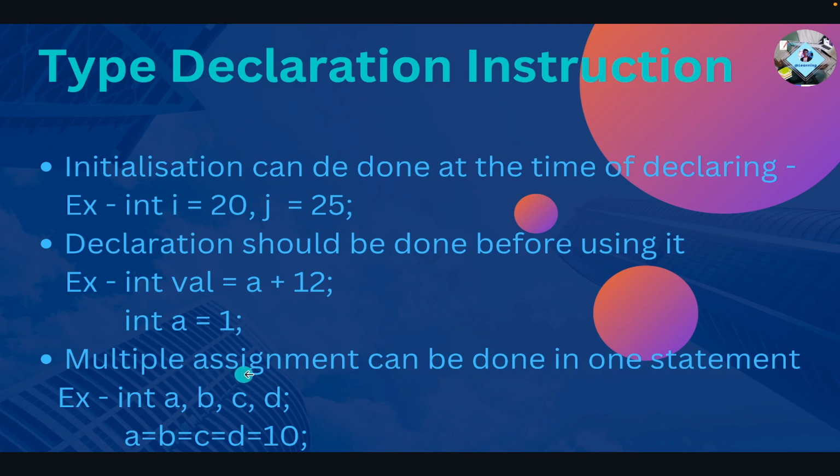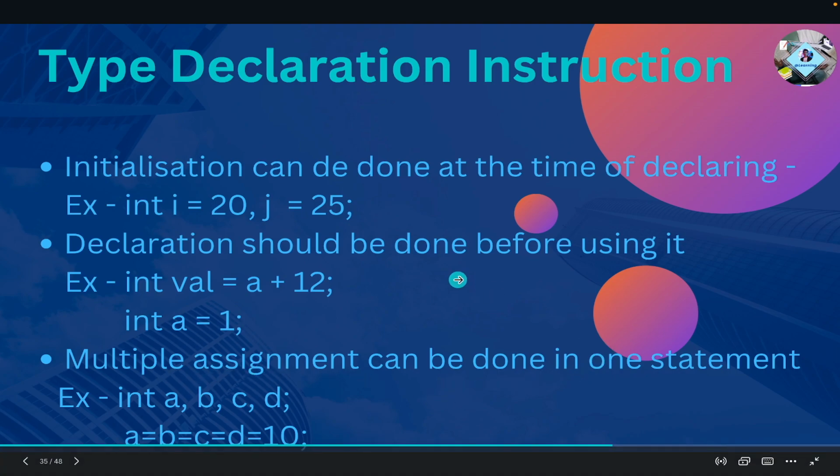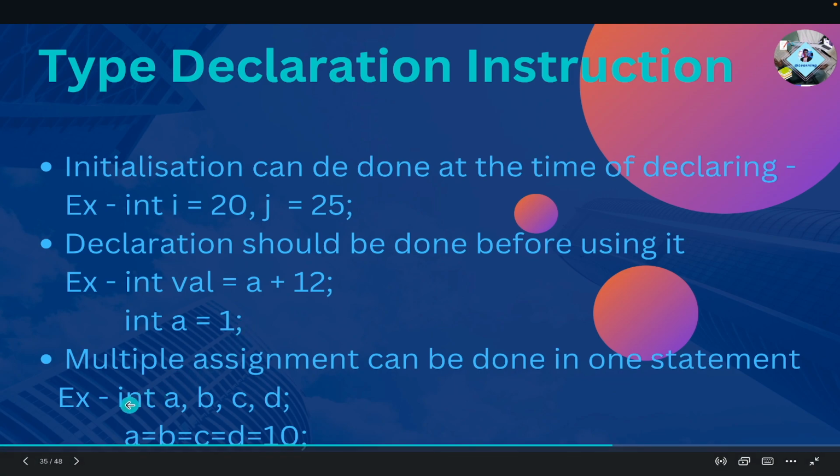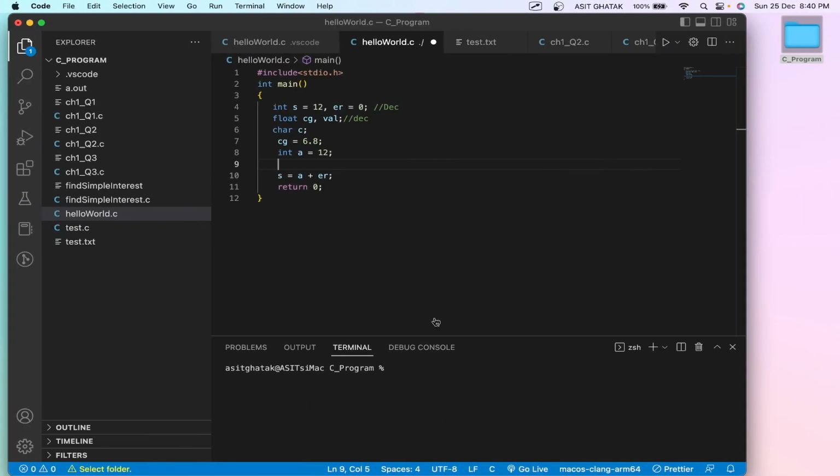And then multiple assignment can be done in one statement. So what is this? In one line you can declare some variables like integer a, b, c, d, then you can assign them a value if you intend to assign the same value.